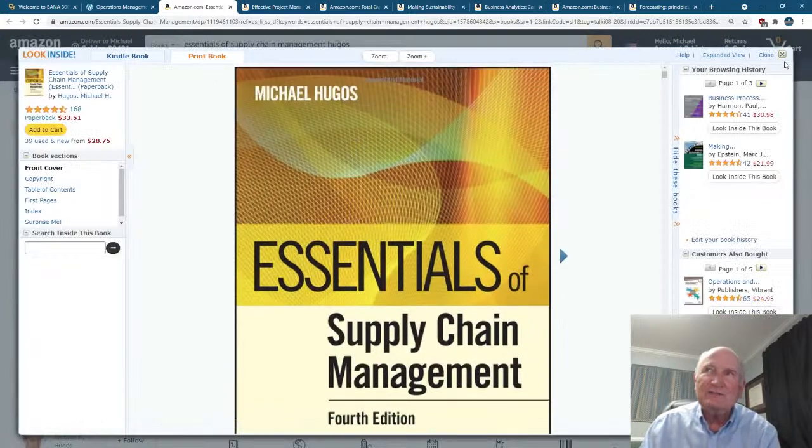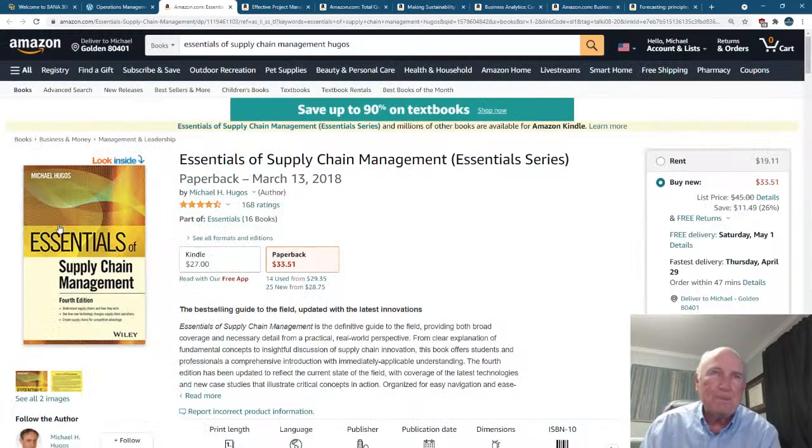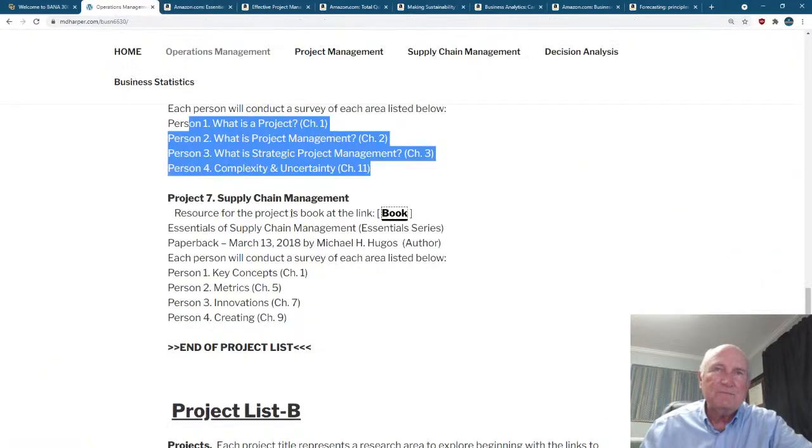I don't teach out of this book. I use it as a supplement. But it's a very good introductory text. I use another text that goes deeper into the analytics and also into the strategies. But this is a very simple overview text that gives you a good idea in supply chain management.